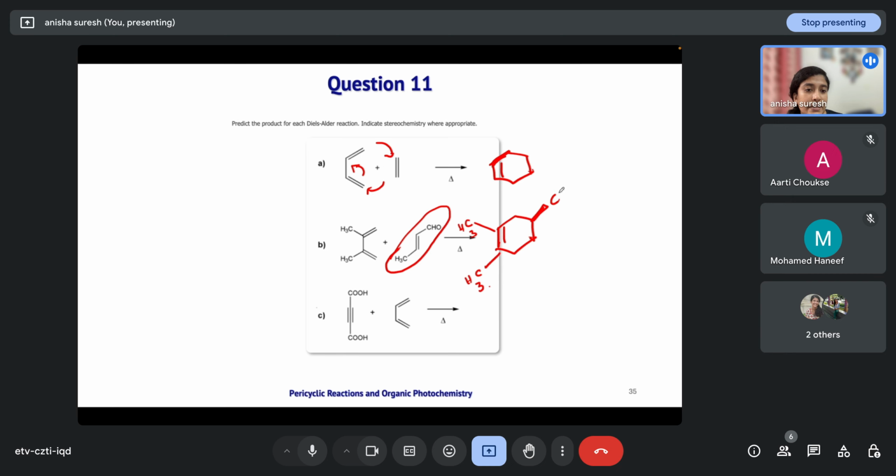If CHO is above the plane, CH3 should come below the plane, or opposite. Both are possible. CHO, CH3. And in this case, the final product will be a cyclohexadiene.